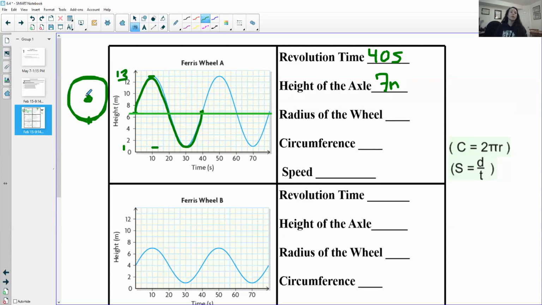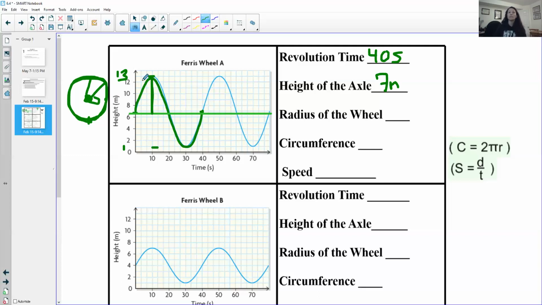The radius of the wheel would be the distance from here right to the edge. In other words, you're looking at the height from here up to the top, which is essentially your amplitude. From the graph, it's nice and easy to see. You can just count up from 7 all the way up to 13.